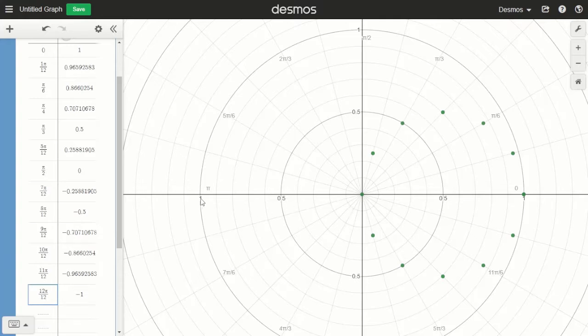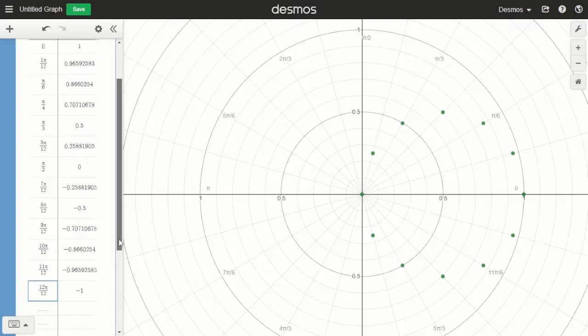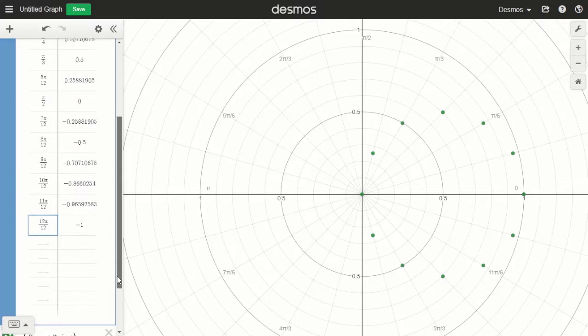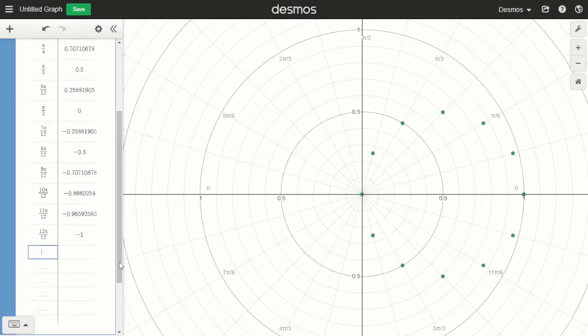The angle is here, but the radius is -1, and that's why it falls back and becomes the same point, 0, 1. All right, and so now think about the impact right here. Further, as we continue with our table, the next one would be 13 pi over 12.